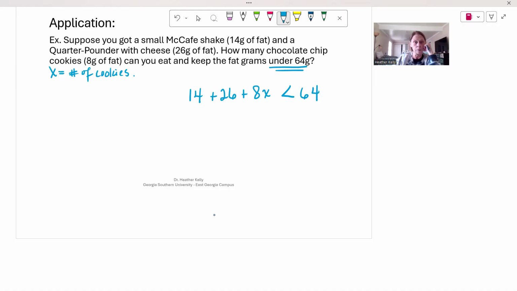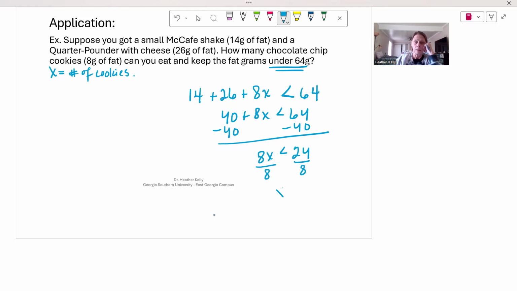Okay. And now we've got a nice little inequality problem. Pretty straightforward. Let's see here. 6 and 4 is 10. So we have 40 plus 8x less than 64. Subtracting those 40 over, we got 8x is less than 24 divided by 8. X is less than 3.